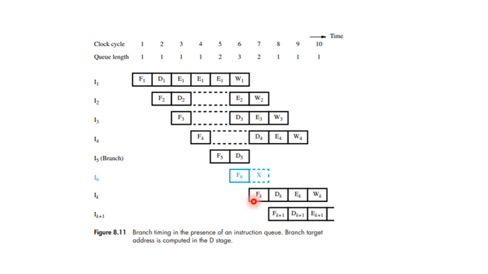Every fetch operation adds one instruction to the queue and every dispatch operation reduces the queue length by 1. Hence, the queue length remains the same for the first 4 clock cycles. There is both an F and a D step in each of these clock cycles.